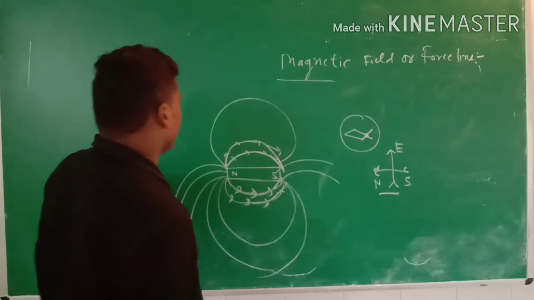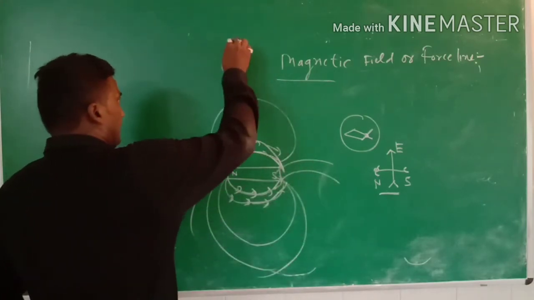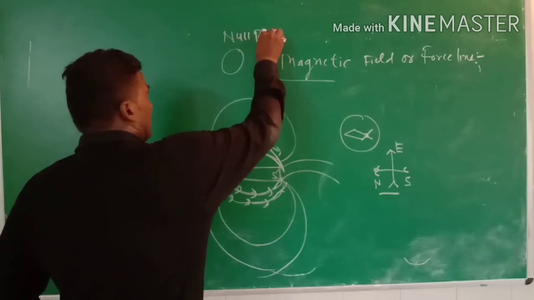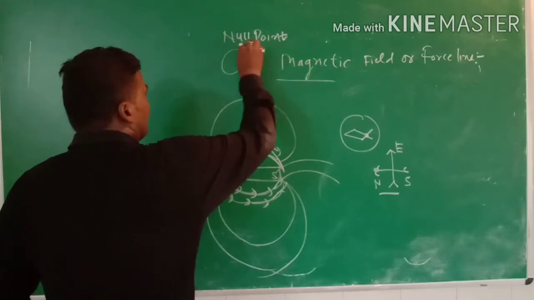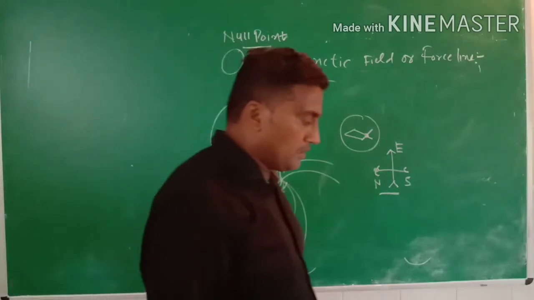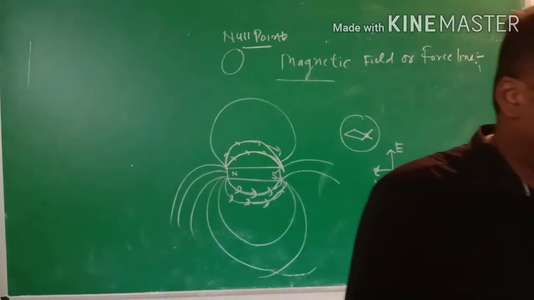At a constant distance, the compass needle never deflects in any direction. That is known as the null point. There the magnetic field is absent. This is basically the fundamental of the magnetic field and force line.